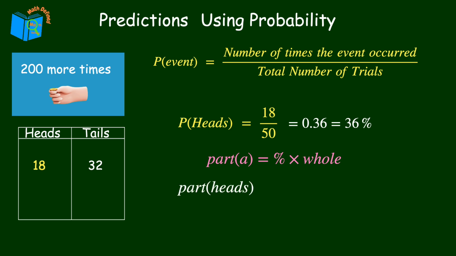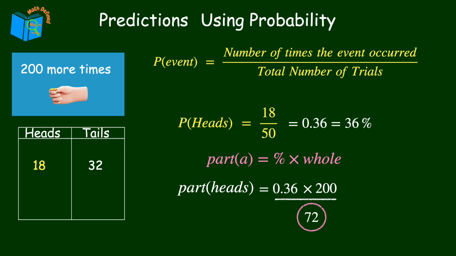The part, the expected number of heads, is equal to the experimental probability written in decimal form times the total number of trials. Multiplying 0.36 by 200 is 72. That means you might expect to get about 72 heads in those 200 flips. It's like using math to predict the future.